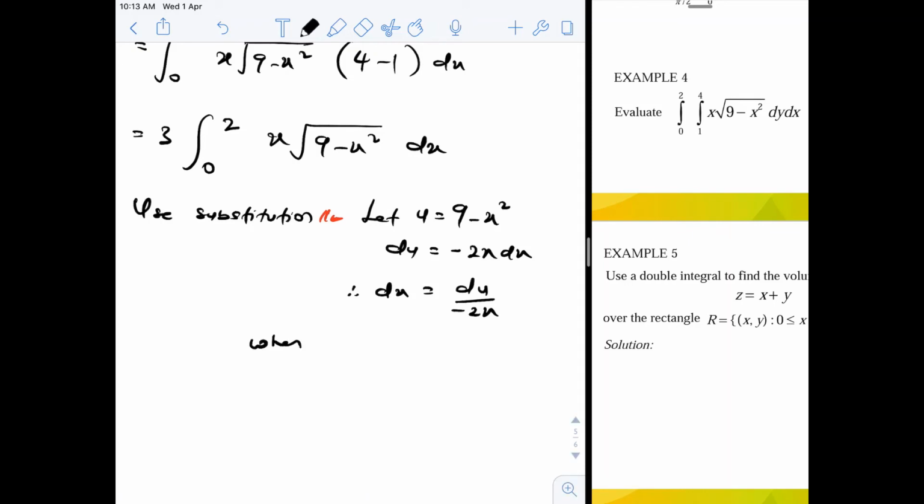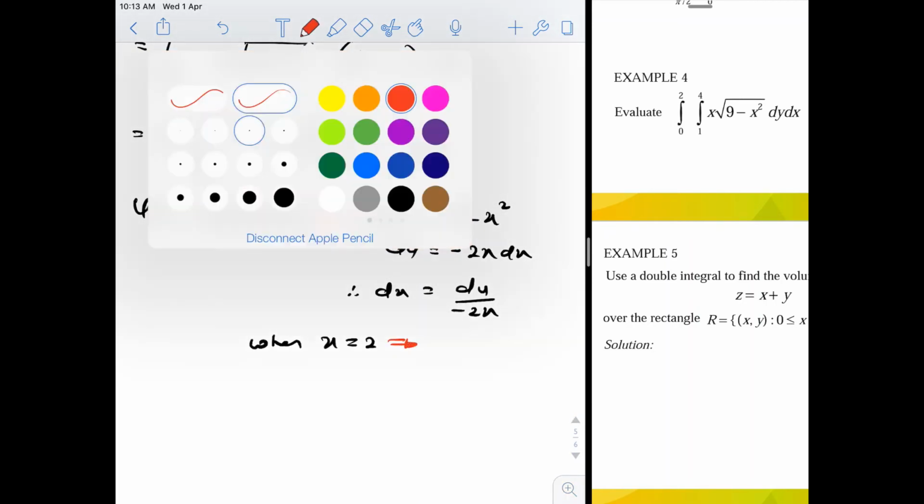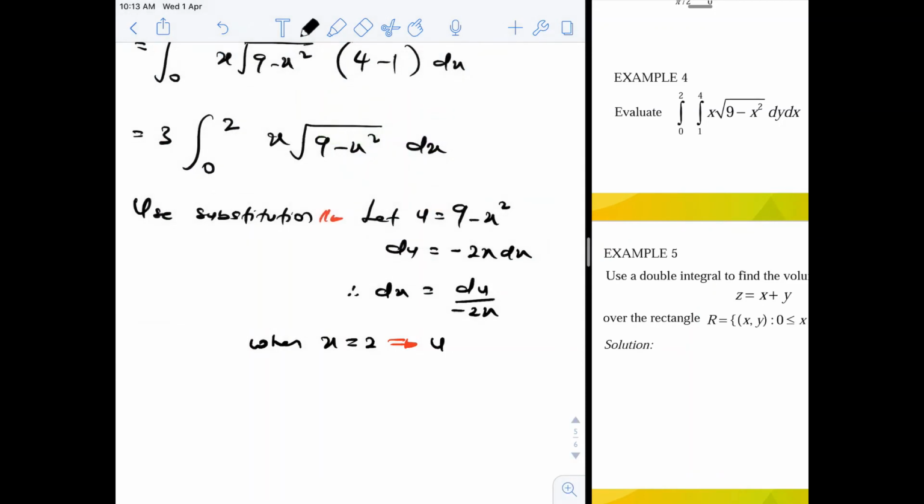So when x equals to 2, u equals to 9 minus 2 squared, because previously we know that u equals to 9 minus x squared. So x equals to 2, therefore 9 minus 2 squared, we get 5.